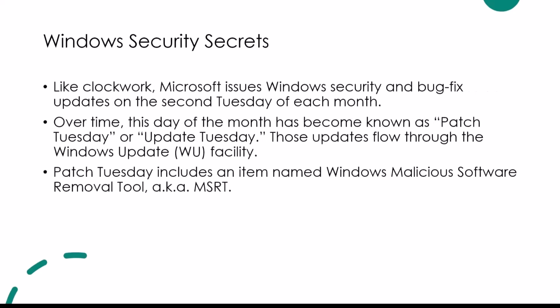Like clockwork, Microsoft also issues Windows security and bug fix updates on the second Tuesday of each month. Over time, this day of the month has become known as Patch Tuesday or Update Tuesday. These updates flow through the Windows Update facility. Patch Tuesday includes an item named Windows Malicious Software Removal Tool, also known as MSRT.